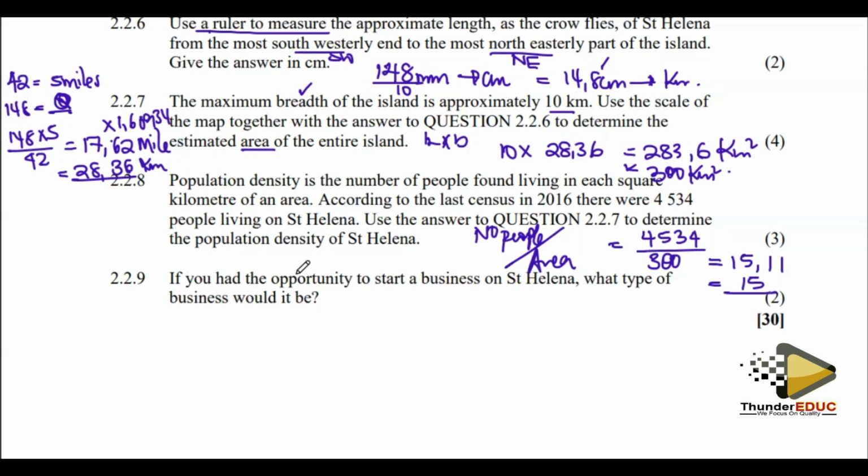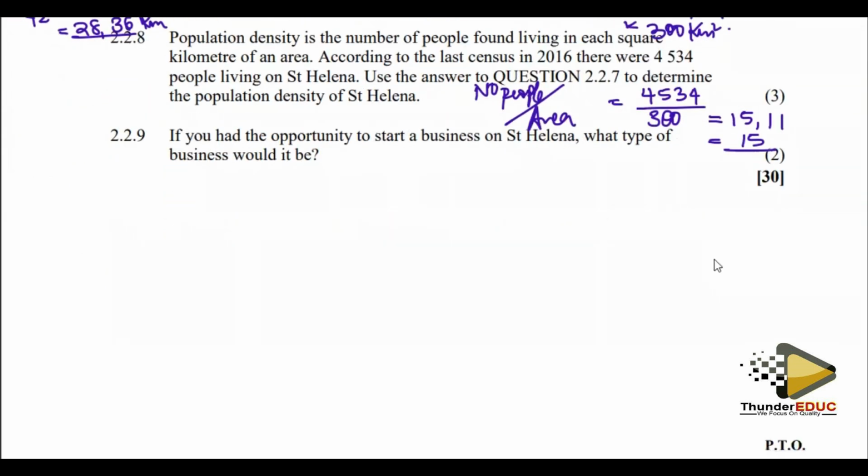If you had the opportunity to start a business in St. Helena, what type of business would it be? Now, remember, St. Helena is a port. That's what you have to know. It's a port, and I'm not talking of the ones that you use to cook at home. I'm talking of a port found on the sea. So at St. Helena, which kind of businesses will you be doing?